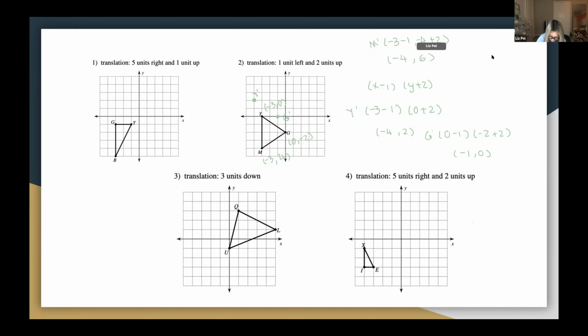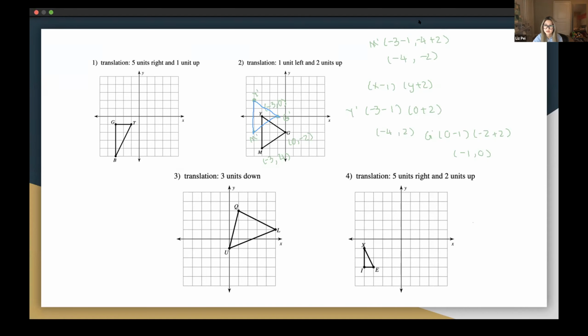Oops, sorry, that's negative. So -2. So (-4, -2) is right here, M prime, and then your triangle would be right here. Okay. So here are two ways that you can do it. You can either do the counting or do it algebraically to show your work. So you guys can try the other two now. I'll give you guys about 3 minutes because these are pretty easy.